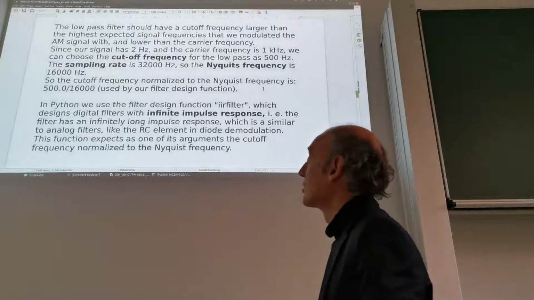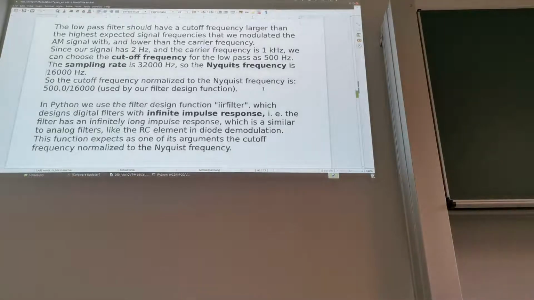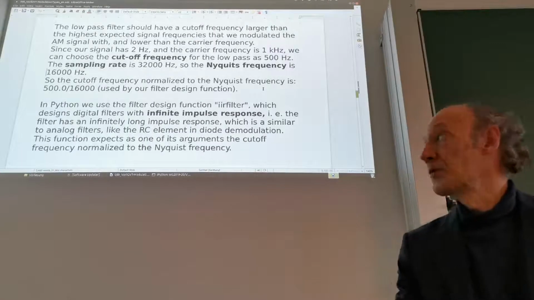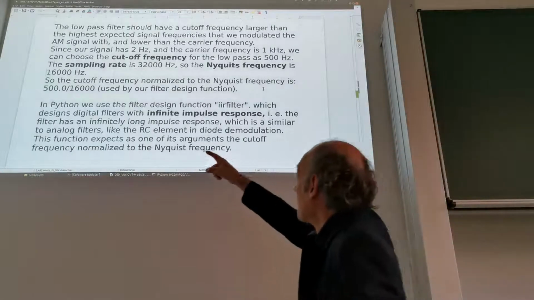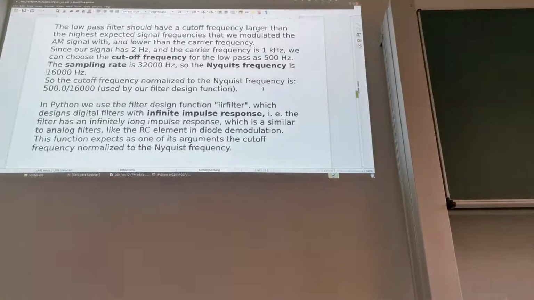And this normalization is used by our filter design function. So that's kind of an unusual normalization. Usually what you see, if you have frequency plots, then 2 pi is the sampling frequency. Right? But here in this case, 1 is the Nyquist frequency. So that's kind of unusual, so you have to keep it in mind.